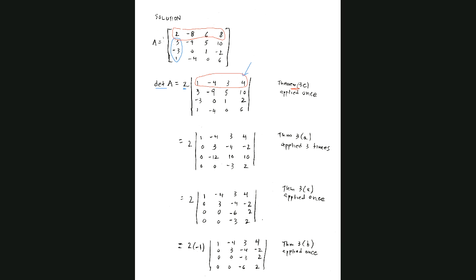So the set of new numbers, this is still a determinant. Oh yes, it's not an absolute value. It's a good question, Matthew. The determinant of A equals 2 times the determinant of this 4x4 matrix. It's not an augmented matrix. We aren't doing an augmented matrix here. It's just a 4x4 matrix.